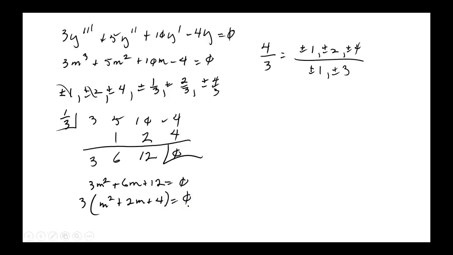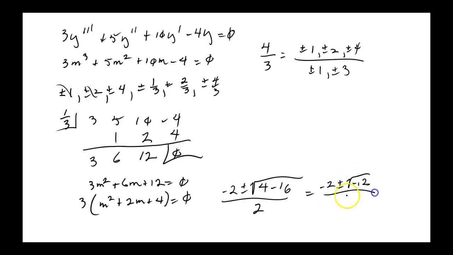And I think if you think about this too much, you can also notice that it has no real roots. Wait, it may have real ones. Well, let's do the quadratic formula. It would be minus 2 plus or minus the square root of 4 minus 16, all over 2, which is minus 2 plus or minus the square root of negative 12 over 2.